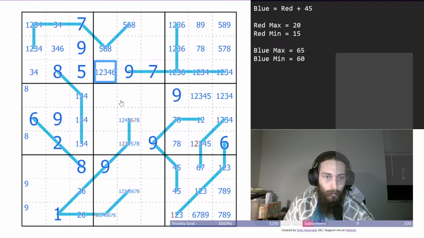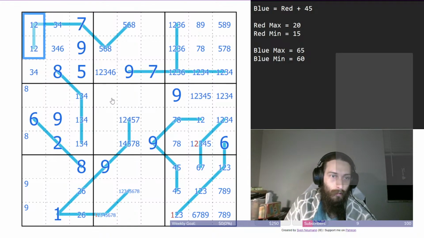Here we go. That's a 3, 4 pair. What was missing in box 1? 8, 3, 4, 3, 4.